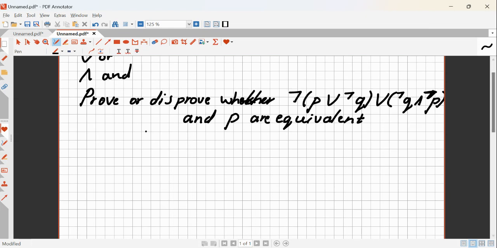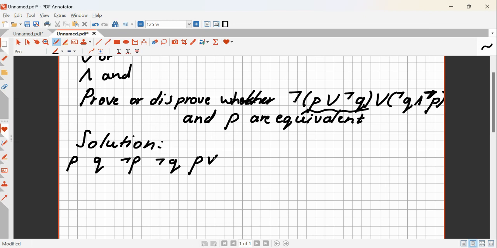So let's write our solution for that. First of all, we have to construct the truth table with our variables, which is P first, Q, not P, not Q. Let's take this expression, P or not Q, and take this whole expression in not, and then this expression separately as well.